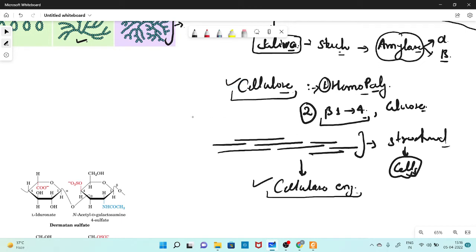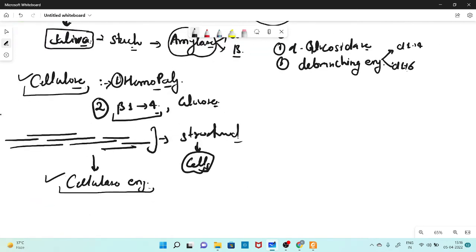Next polysaccharide is chitin. This is also a homopolysaccharide, right? And it has a different unit, which is N-acetyl D-glucosamine.